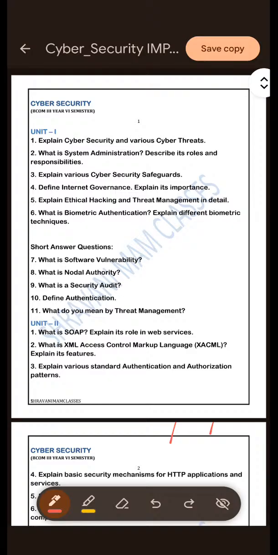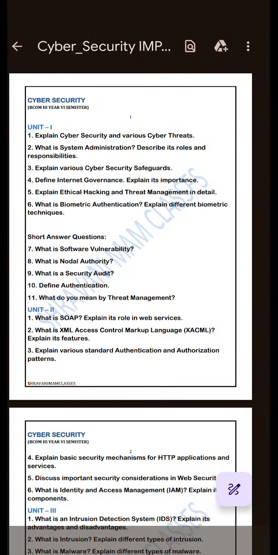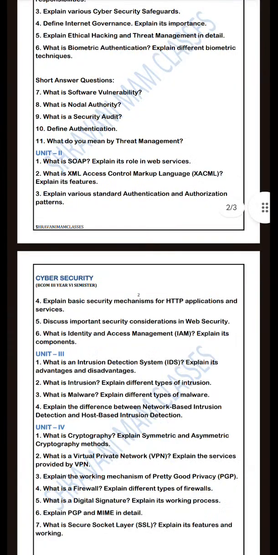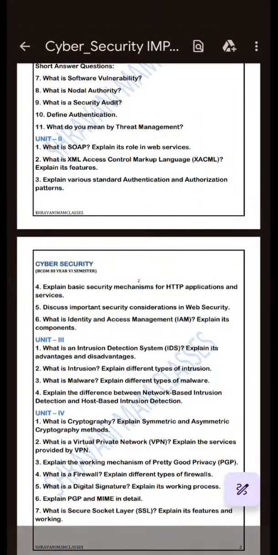Okay, and the next question here is, let me take the screen now. What is the fourth question? See, the fourth question is explain basic security mechanisms for HTTP applications and services. Okay, so what are HTTP applications and services here? Just like you have to explain the HTTP protocol. Security includes HTTPS.